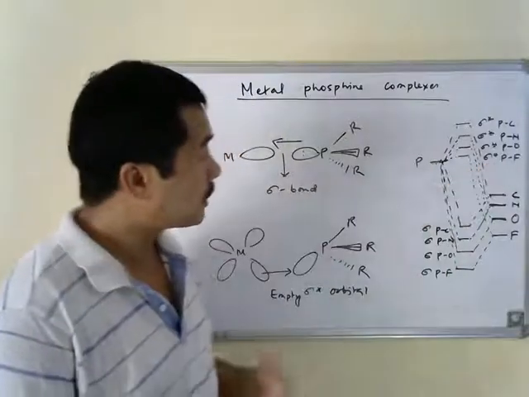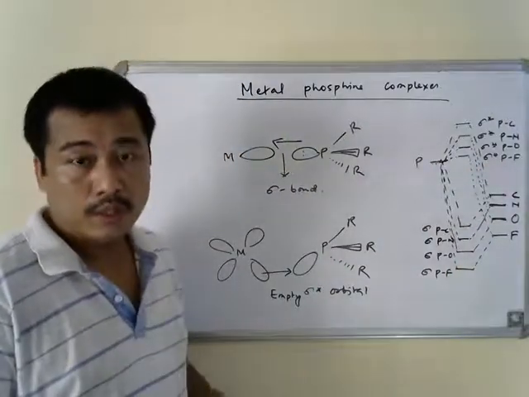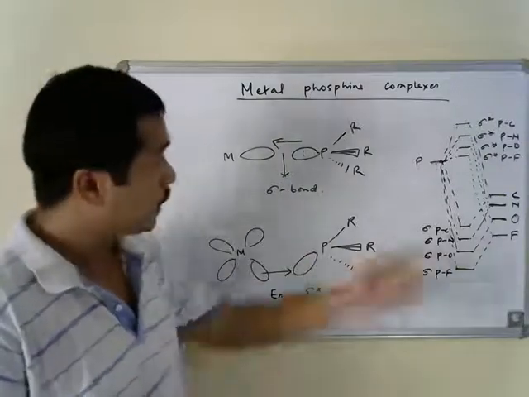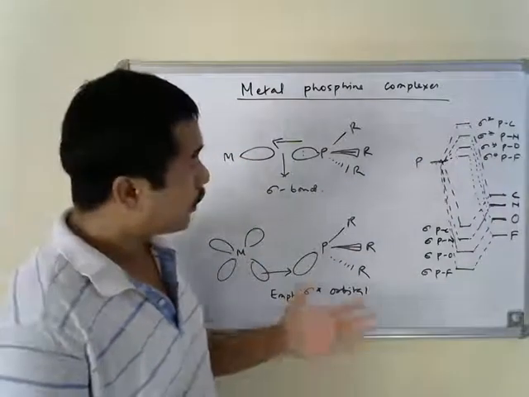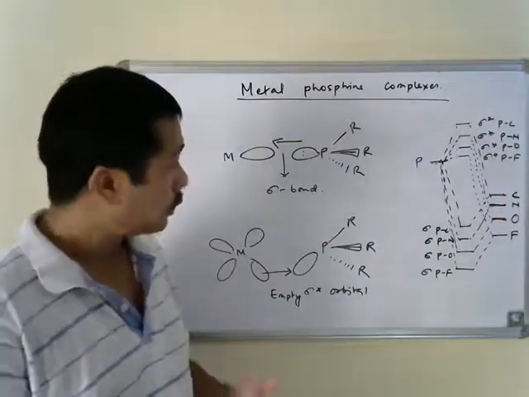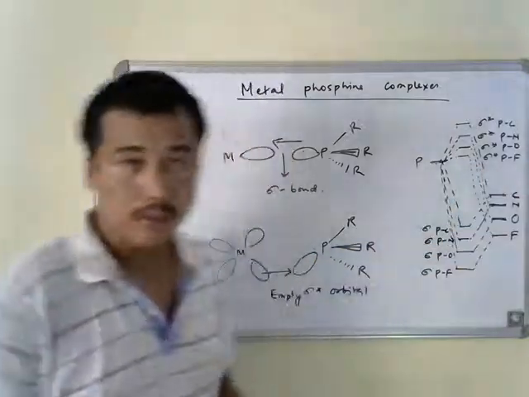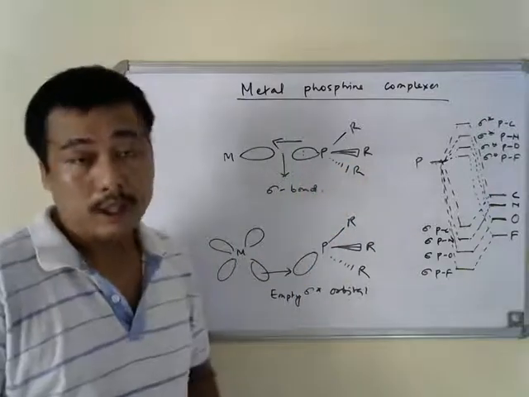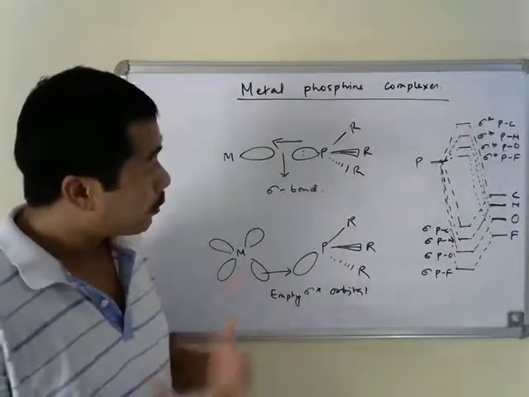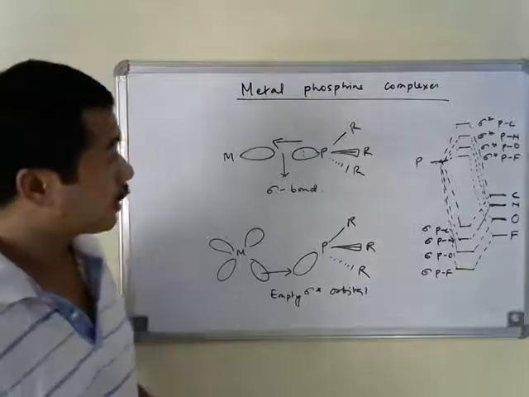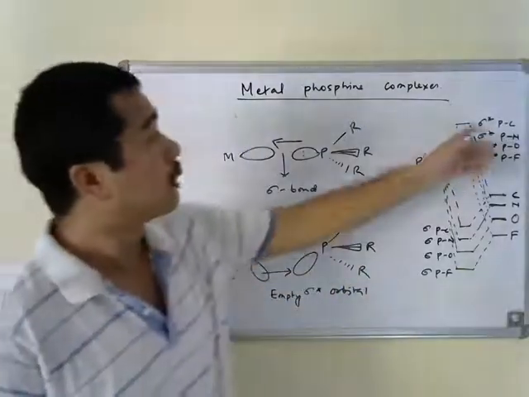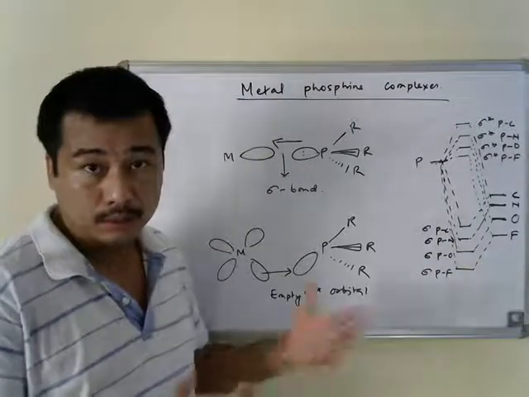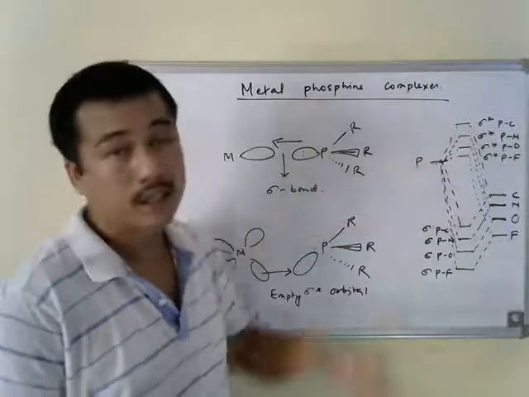We see that the sigma star molecular orbital to which the metal donates electrons during pi back bonding is located at lower energy only when the substituent is more electronegative. So when the energy of this sigma star molecular orbital is low, the metal can donate electrons more efficiently to it, and that is why PF3 acts as a better pi acceptor than, say, PMe3, in which case the sigma star orbital, which is going to accommodate electron density from the metal filled orbital, is located at higher energy.